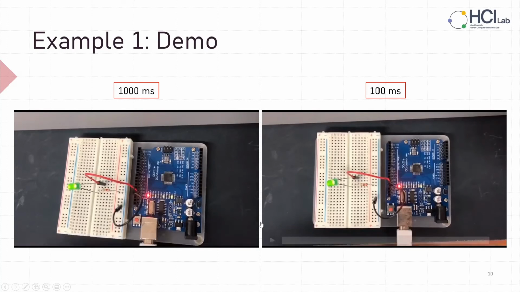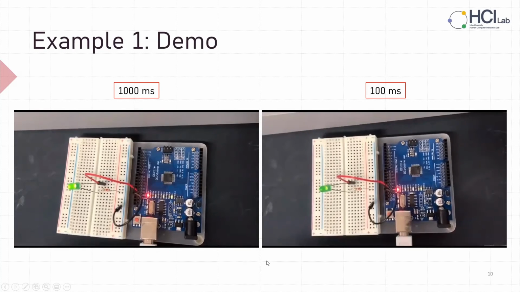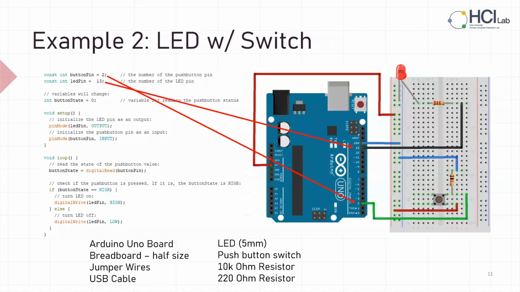So now let's talk about another example. This is example 2, LED with switch button. In this example, we can see the push button, with an additional push button and a 10 kilo ohm resistor, and some jumper wires. The main idea here: when you press the button, your LED should turn on, and when you don't press, it should turn off.